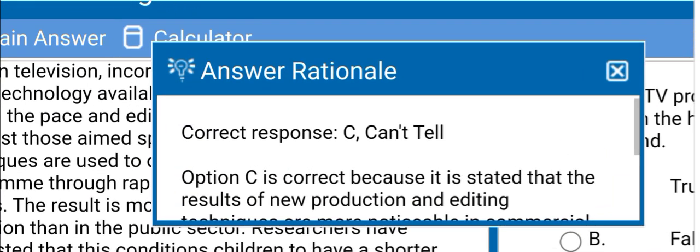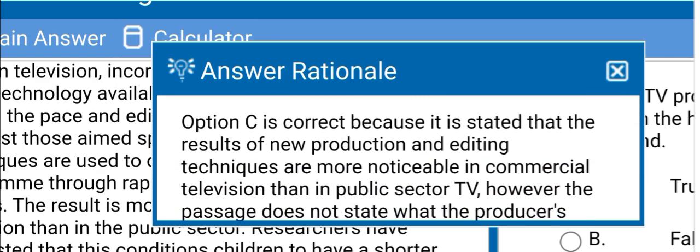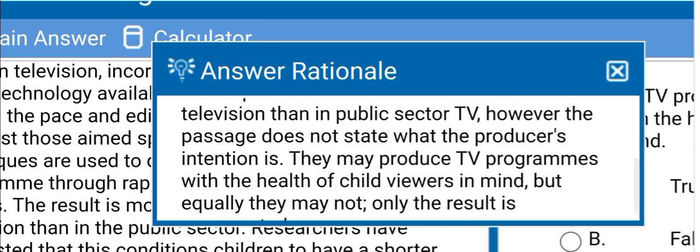The correct response is option C, which is can't tell. Option C is correct because it is stated that the results of new production and editing techniques are more noticeable in commercial television than in public sector TV. However, the passage does not state what the producer's intention is.